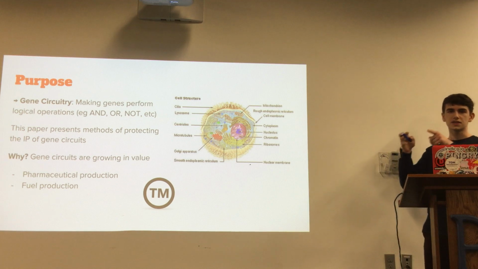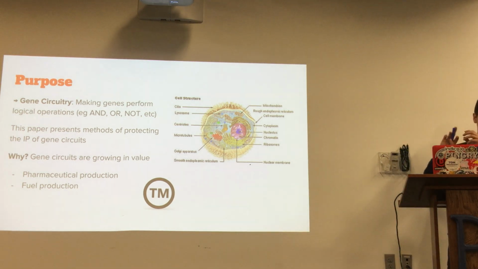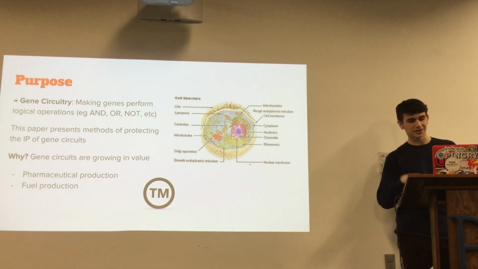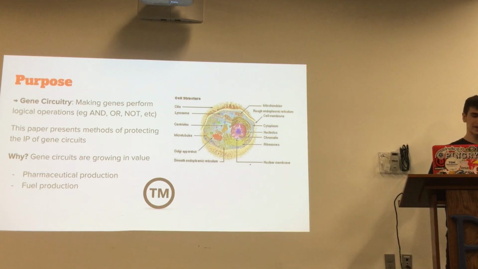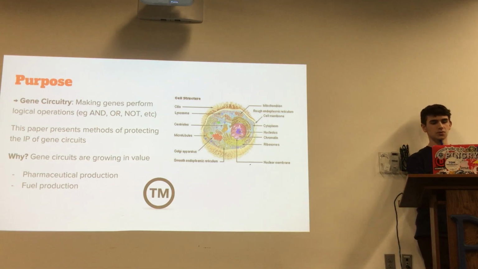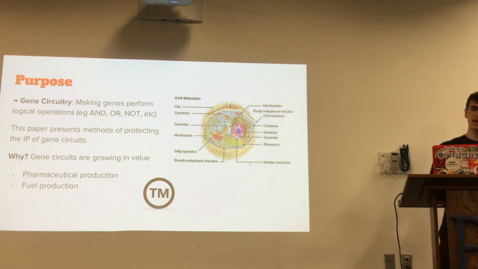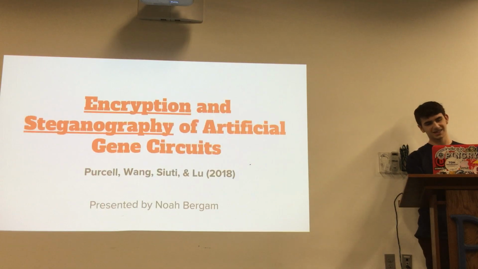Like if you have two inducers present, then this final thing will happen, and then there's OR, NOT, and whatnot. So this paper is anticipating a growth in the value of this and more gene circuits being made. And as such, it is necessary that we protect the intellectual property contained in these circuits. So that's where this paper comes in.